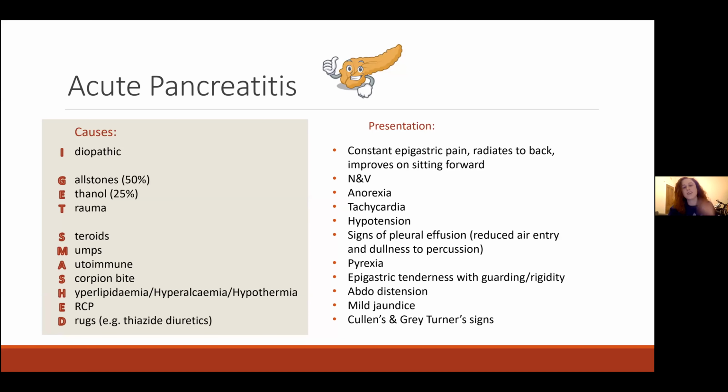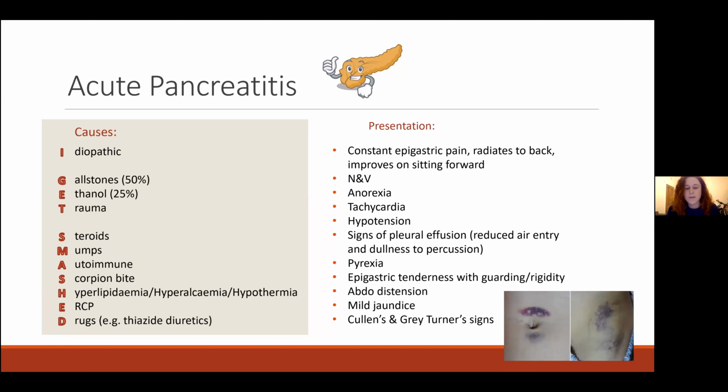Yep. So this is a picture of them. So on the left we have Cullen's. So that's bruising around the umbilicus, and then Grey Turner's is bruising around the flank. So these are caused by the autodigestion of vessels because pancreatic enzymes are released, and this leads to retroperitoneal hemorrhage, which then causes this bruising. Okay.